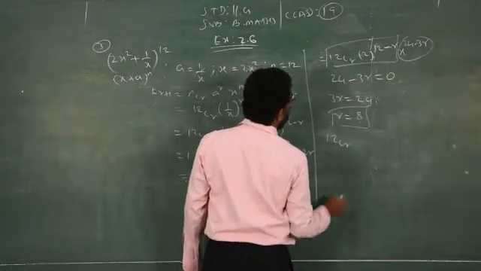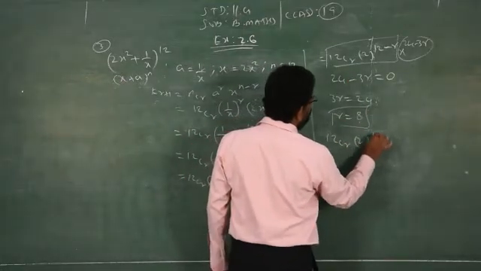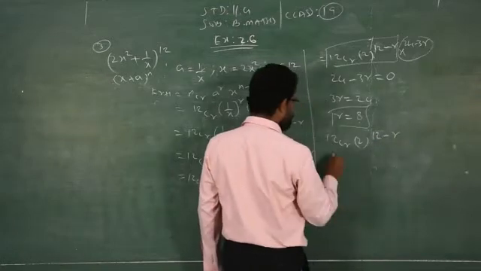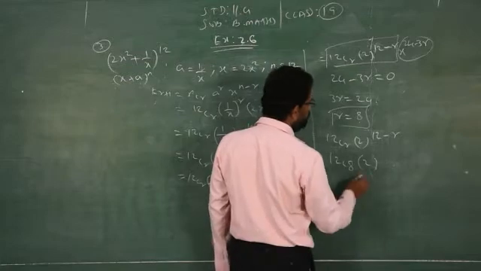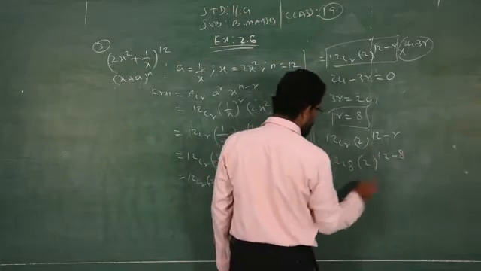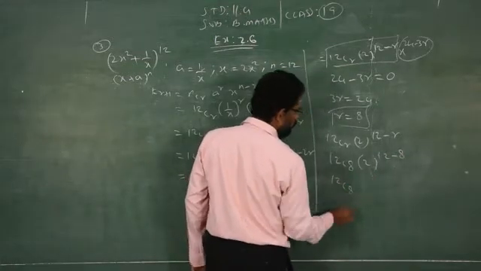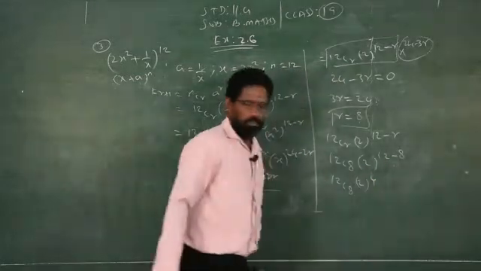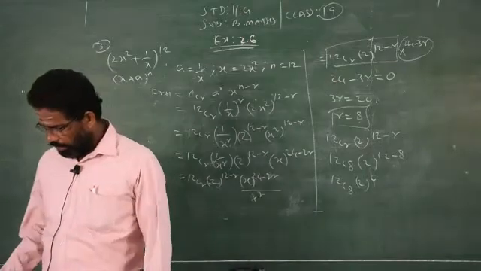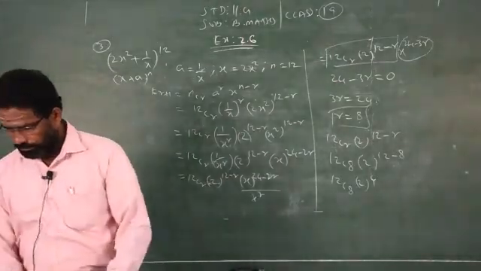So 12Cr times 2 power 12 minus r becomes 12C8, 2 power 12 minus 8, that is 2 power 4. That's all. You can simplify and get the answer, or you can leave it as it is.